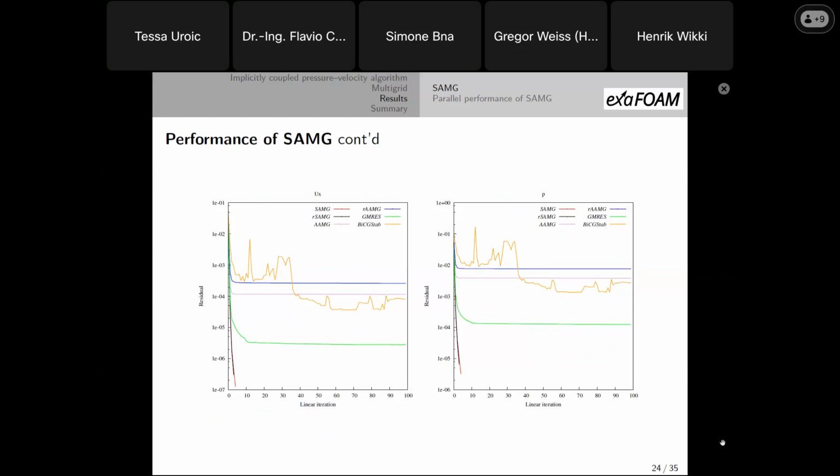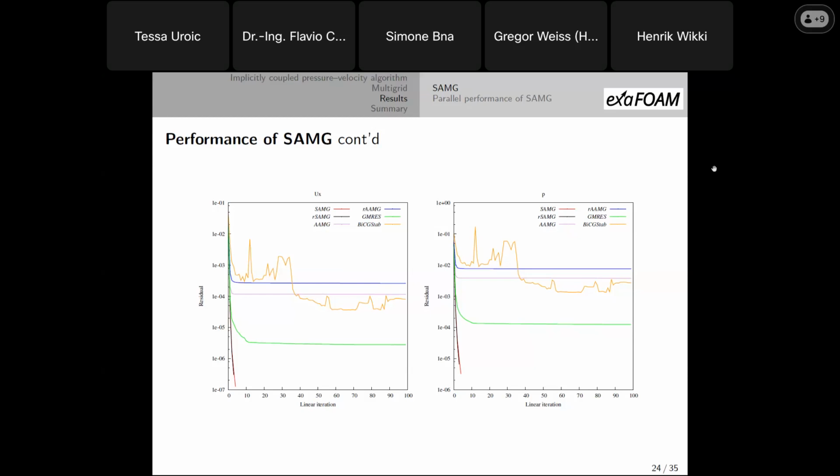And here is a dramatic convergence. So focus on the left-hand side of this image. So this is the convergence of the linear solver in a single nonlinear iteration of the PU-coupled solver. And you can see that the selective AMG converges almost 1 order of magnitude per iteration, which is actually the theoretical convergence of multigrid.